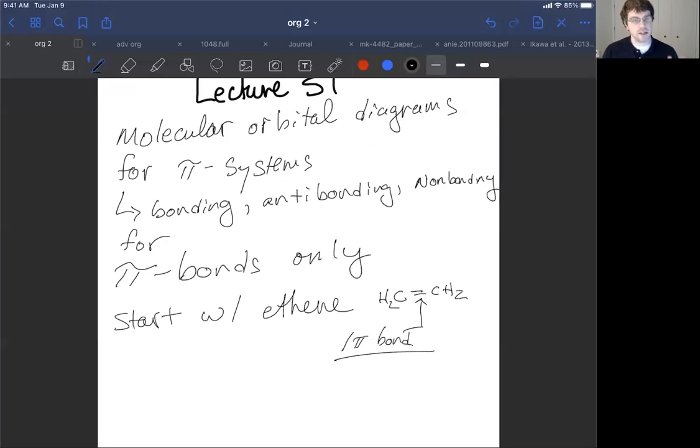The second bond in our double bond, the pi bond. Okay, so we have one pi bond. Within that one pi bond, we then have two pi electrons. In many cases, the number of pi bonds is going to tell us how many pi electrons that we have.